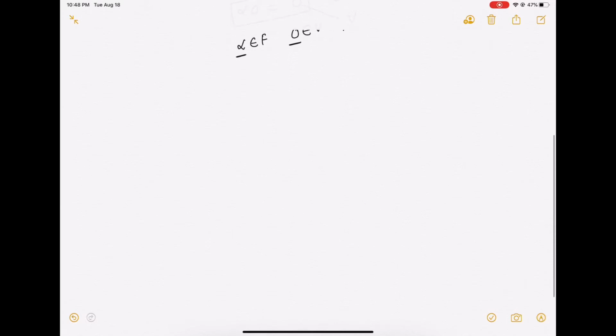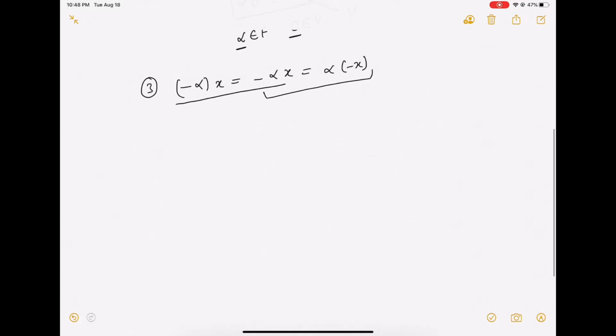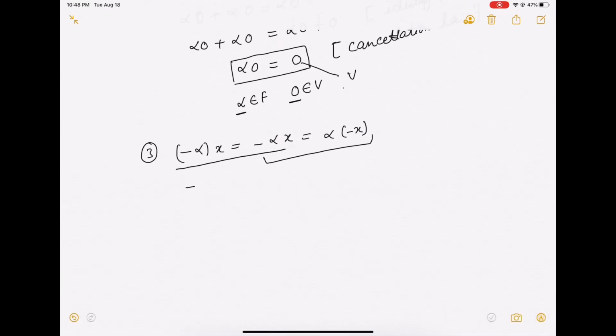Next property is the third one, minus alpha x equal to minus of alpha x, which is equal to alpha minus x. Here first we prove this and then this one. So how to prove this? Minus alpha x equal to minus of alpha x.